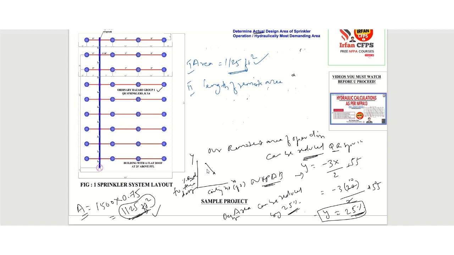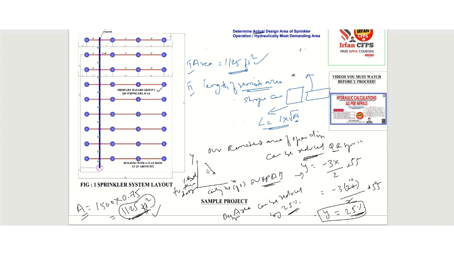Actually, NFPA states that the remote area shape can be square or it can be rectangle. If we are considering the remotest area in square shape, then the length of the remote area will be 1 multiplied by root A, where A is the hydraulically most demanding area, the actual design area of sprinkler operation.